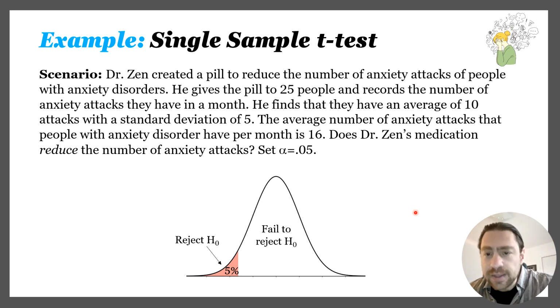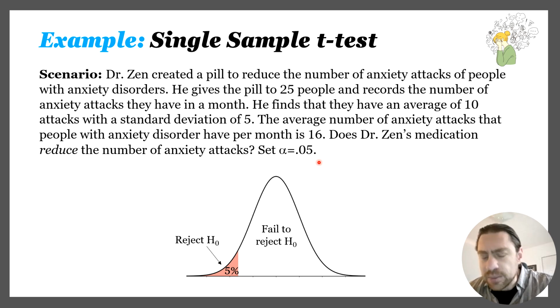He finds that they have an average of 10 attacks with a standard deviation of 5. The average number of anxiety attacks that people with anxiety disorder have per month is 16. Does Dr. Zen's medication reduce the number of anxiety attacks, setting alpha at 0.05?